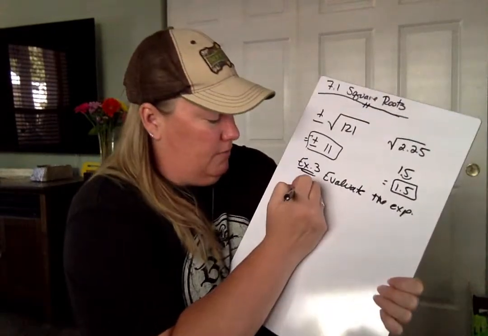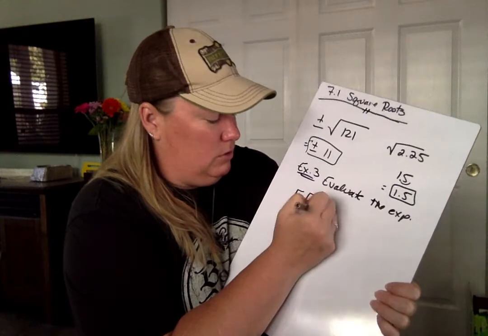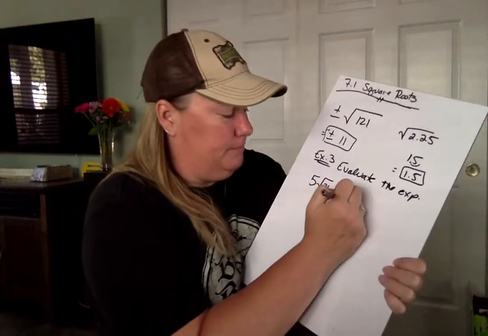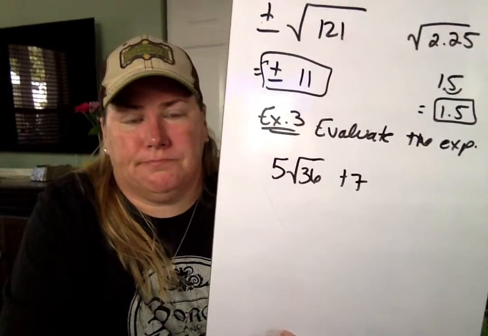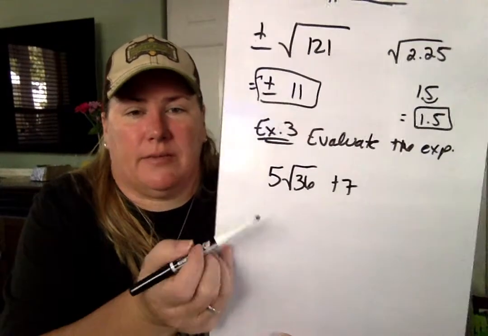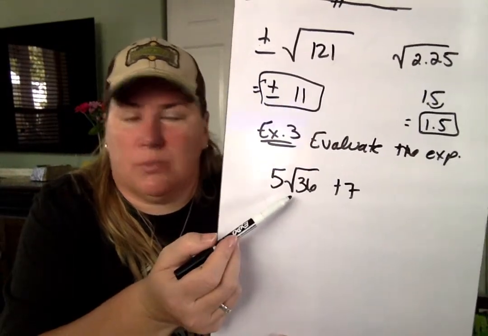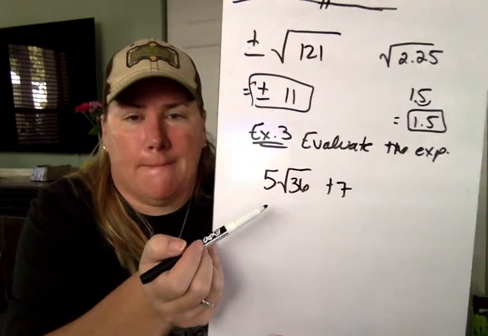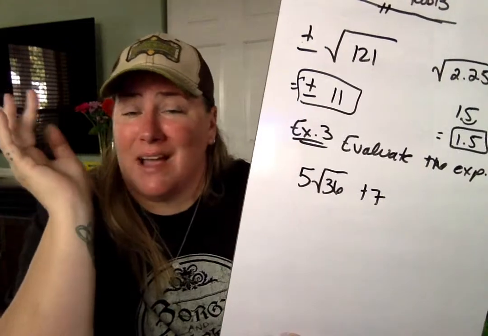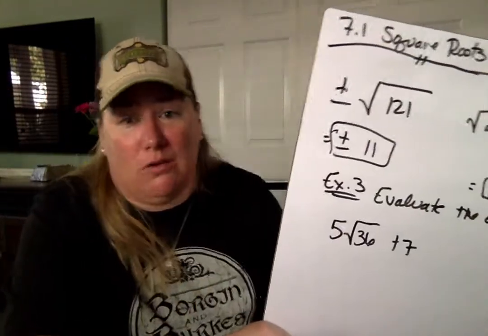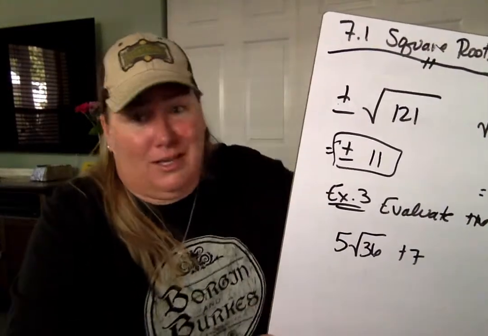So we have this one, and I'm not going to read it until I'm done writing. Here's the thing. See how this 5 is squished up with the square root of 36?